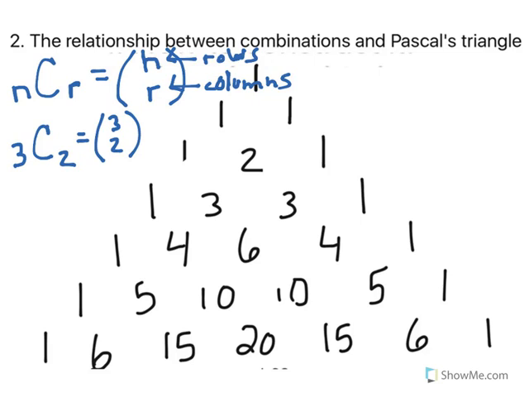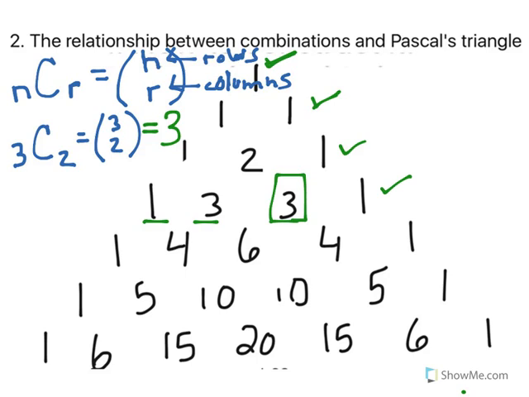Alright, so let's go. 3, you count as 0, 1, 2, 3, and now you start counting the columns, starting with 0. 0, 1, 2. This value represents 3 combination 2, which is 3.